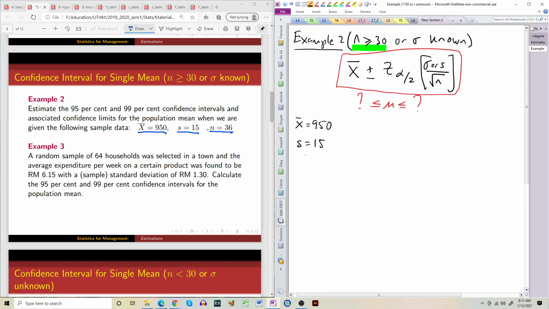S is 15, so let's say S is 15. I put S here. I don't want you to get confused. You can use either sigma or S. Okay. N is given, 36.